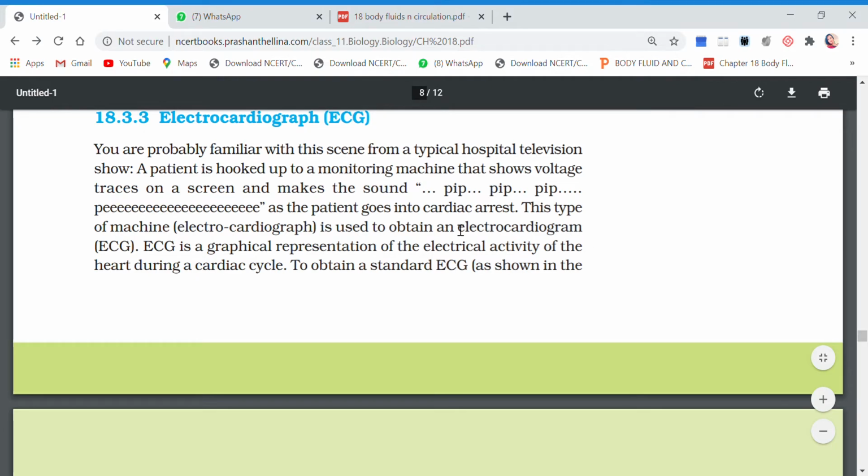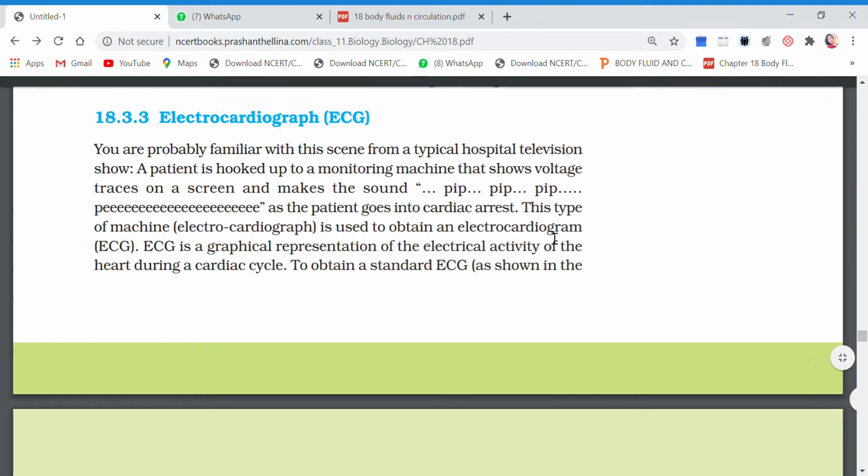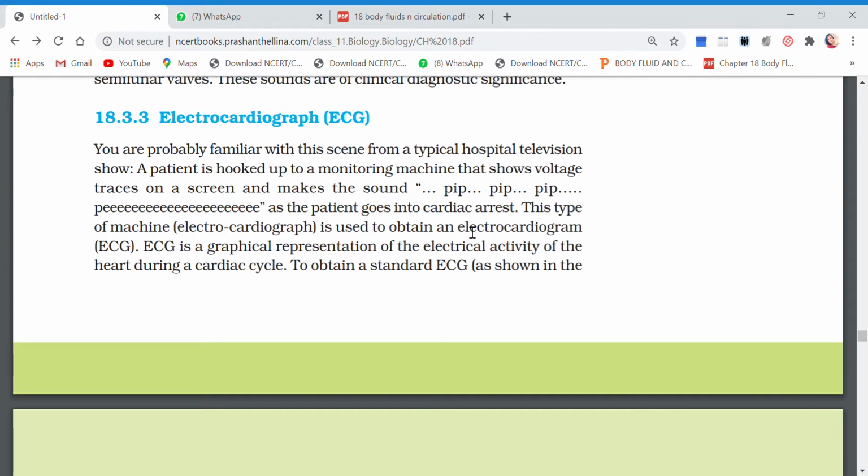Children, electrocardiograph is the name of the machine, and the electrocardiogram is the response given by the machine, which is a graphical representation. ECG is the graphical representation of electrical activity of the heart during a cardiac cycle. You have understood what the cardiac cycle is; we did it in the previous video.